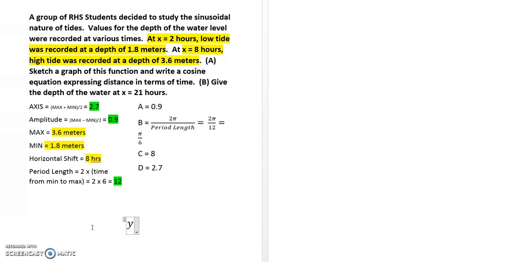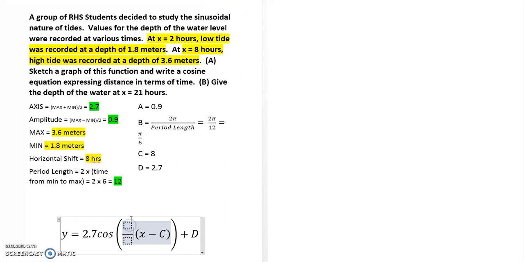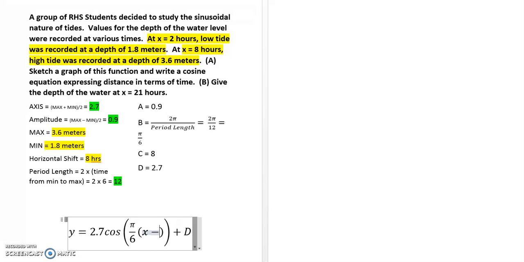Our equation is y equals A times cosine of B times parentheses x minus C, plus D. If we replace these with what we know, B is pi over 6, C is 8, and actually D is 2.7, I apologize for the mistake, and A here is 0.9.